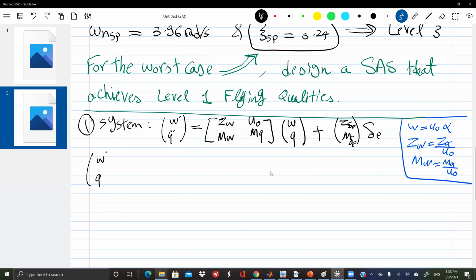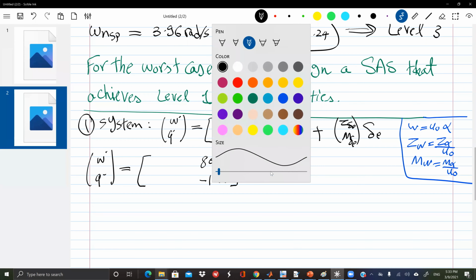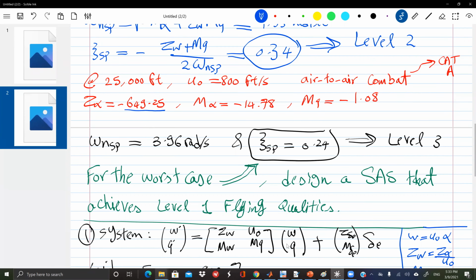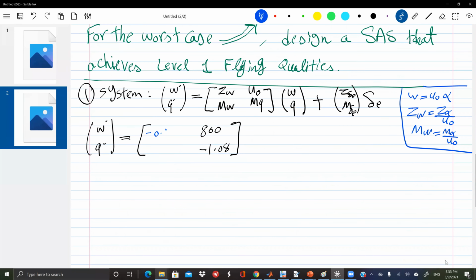W dot, Q dot equals. U naught was 800, M_Q was negative 0.08, and for the other 2 numbers, please get your Z alpha and divide by U naught, which is 800. This will give you negative 0.812 and negative 0.0185.